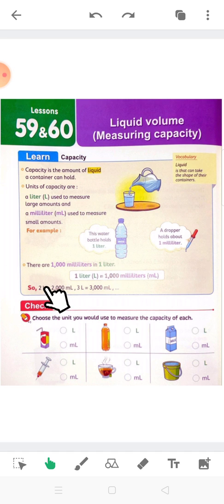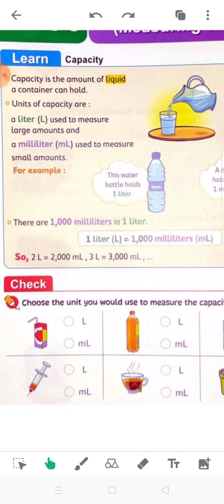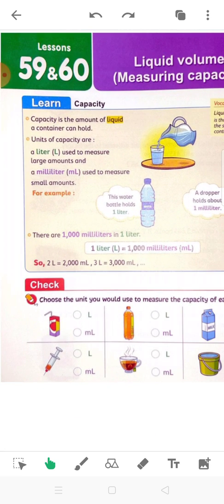Goodbye liter, and we bring 3 zeros. So the answer will be 2,000. Okay? I need to change from liter to milliliter. Goodbye liter, and we bring 3 zeros. So it becomes 3,000 milliliters, and so on. Let's see here.